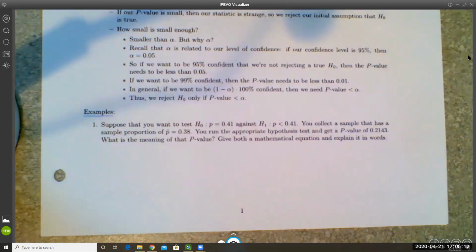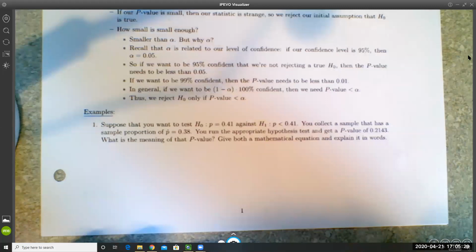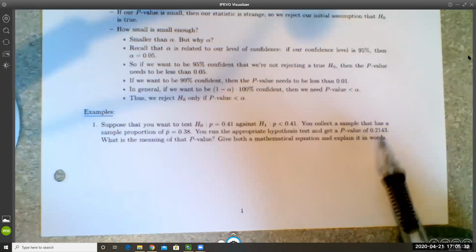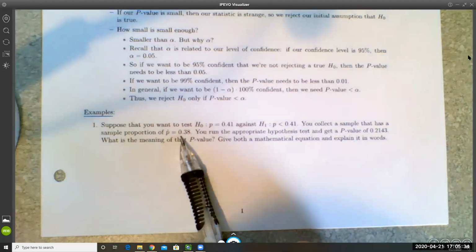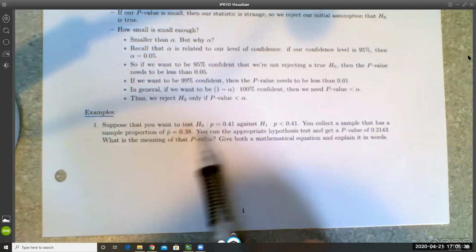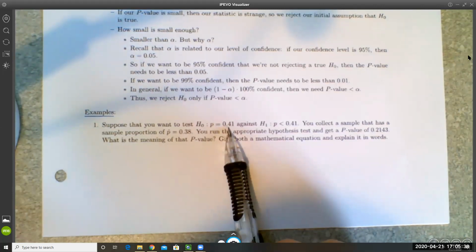Well, if you've been listening to the lectures, I explain what the p-value means in just about every hypothesis test that we run. So hopefully you can kind of do this on your own. But I'm going to lead you through this one. So here's what this means. This p-value is the probability that we would get this sample statistic if, in fact, the null hypothesis were true.